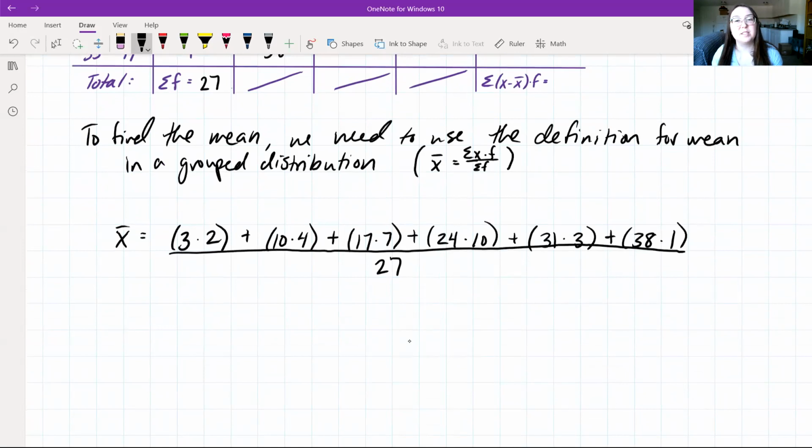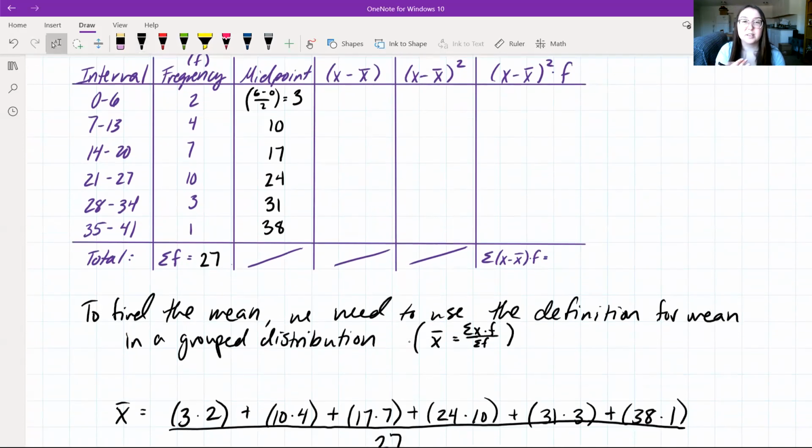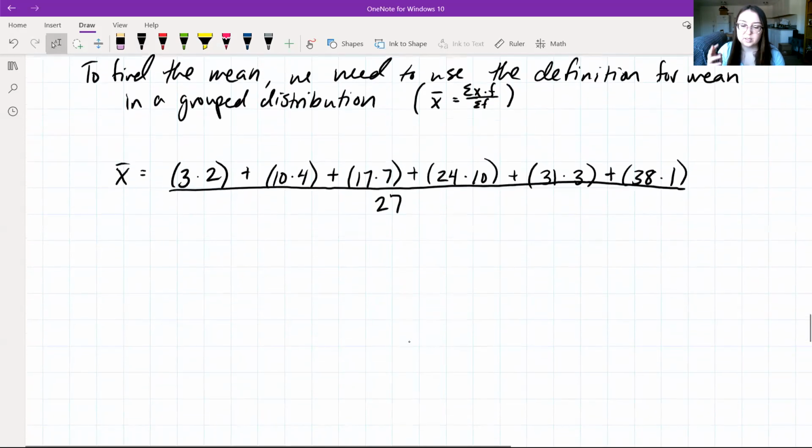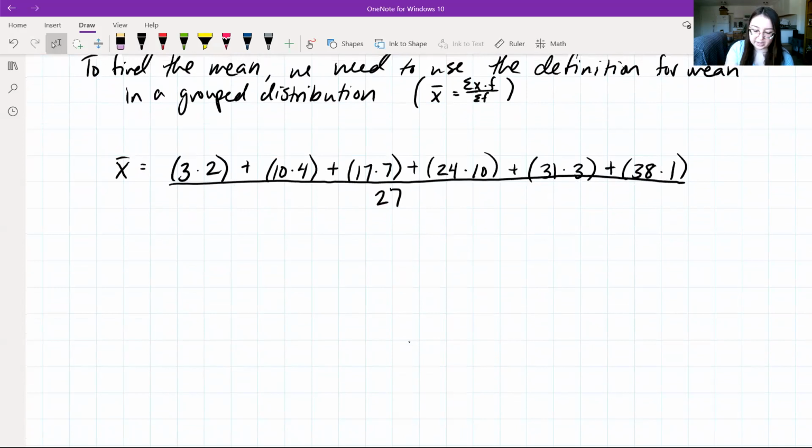Because our number of frequencies is actually telling us how many numbers are going to be in our list, because we know that in these intervals, the numbers are showing up this many times. So we have our value of 27. Now we can just solve for x bar.